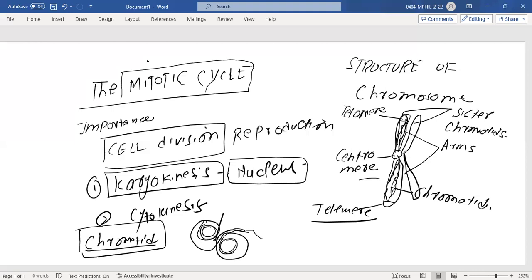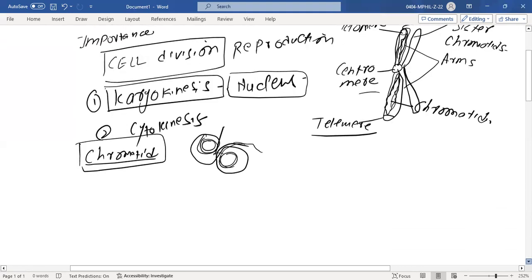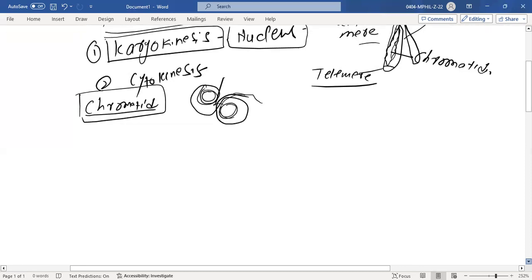Now I have used another term, telomere. We should know what it is and why it is here. This concept should be clear: these are the actual tips of the chromosome. If you are showing this, it is a single copy of a chromosome.